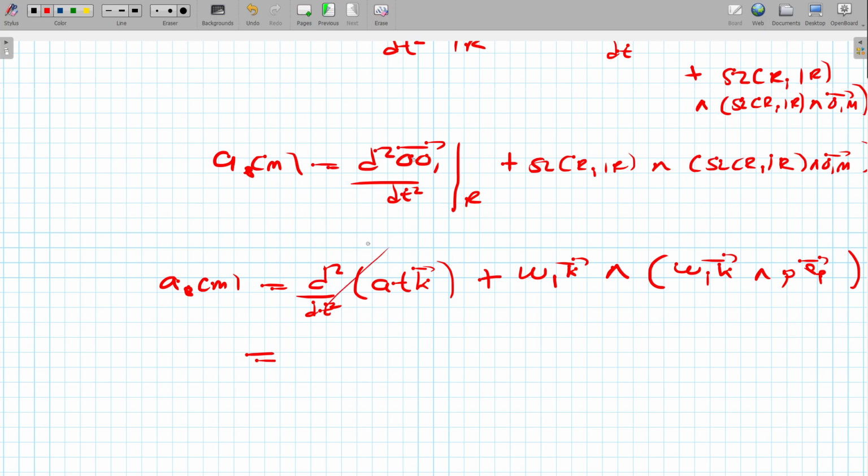So the final answer is going to be this evaluation: omega 1 k, vectorial rho e rho, like so. This is what we're going to have.